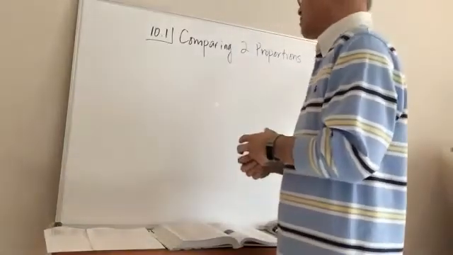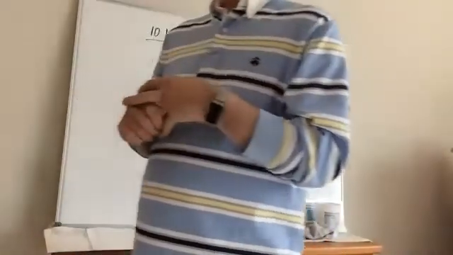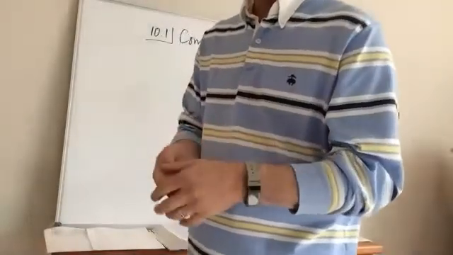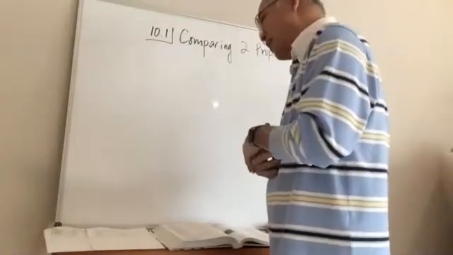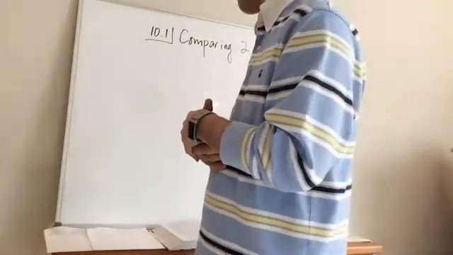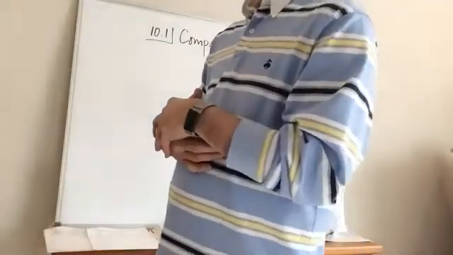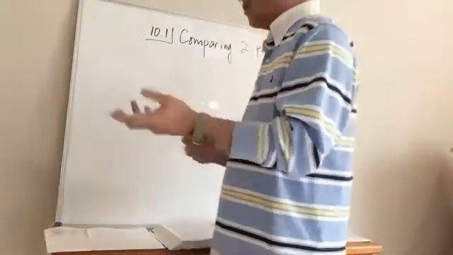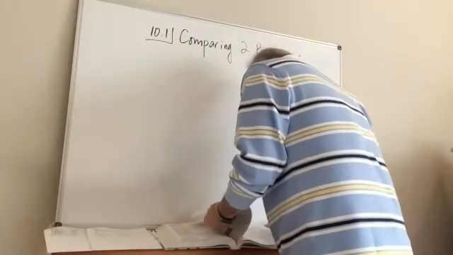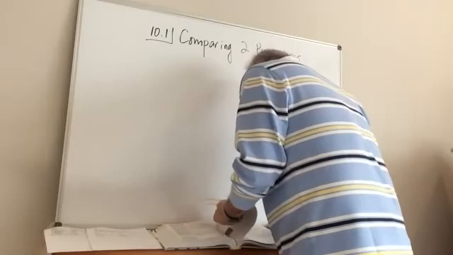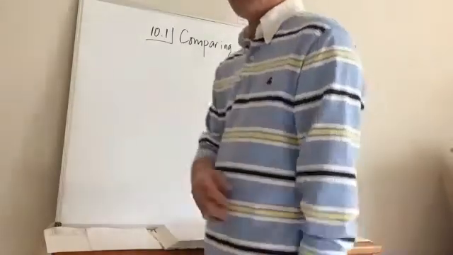Okay. So in chapter 10, we're now going to compare two proportions. That's what we're doing in 10.1, and in 10.2, we're going to compare two means. And then in 10.3, we're going to do something that's called paired data.